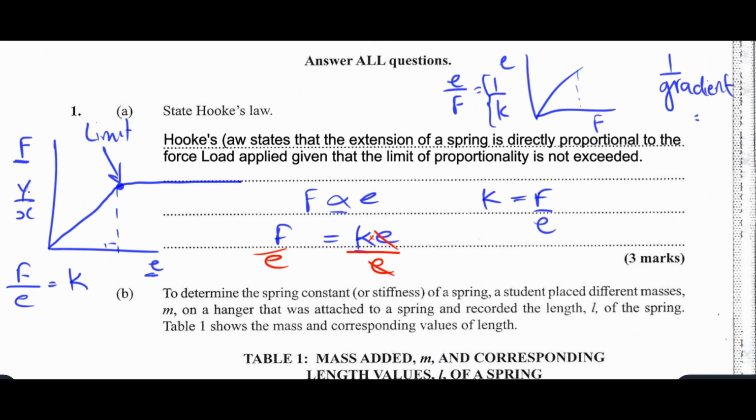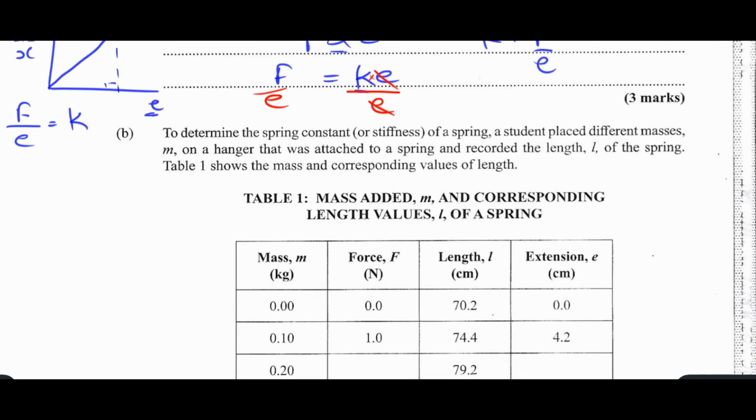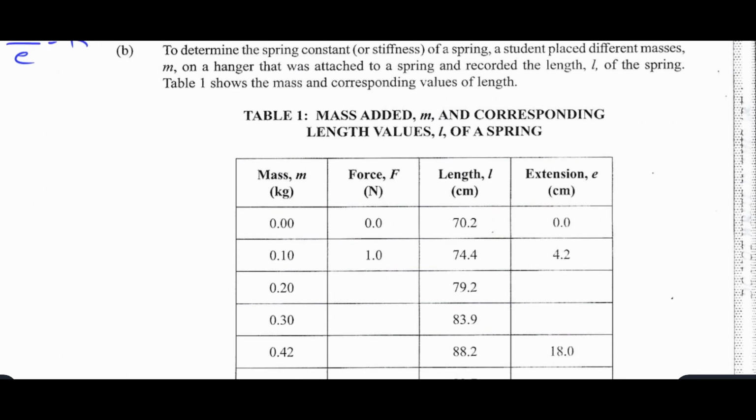Make sense? So the next part says, to determine the spring constant or stiffness of a spring, a student placed different masses M on a hanger that was attached to a spring and recorded the length L of the spring.